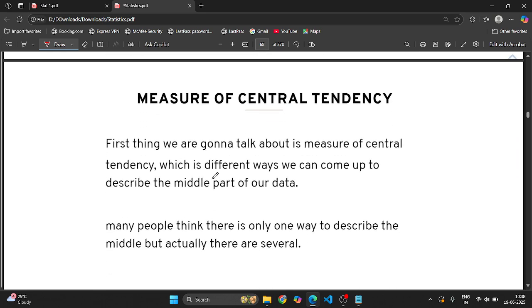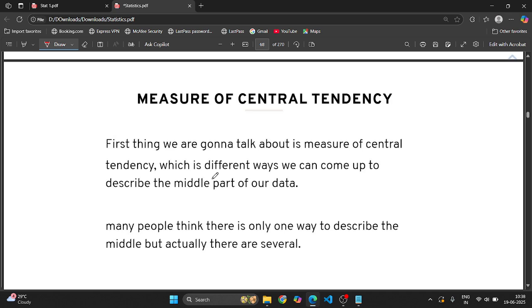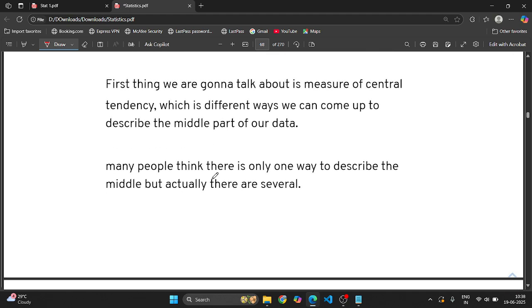First we will talk about the measures of central tendency, which describe the middle part of our data. Many people think there is only one way to describe the middle, but actually there are several.